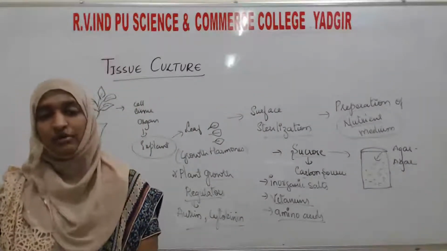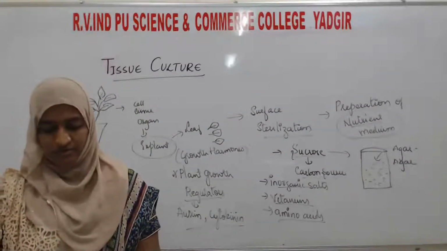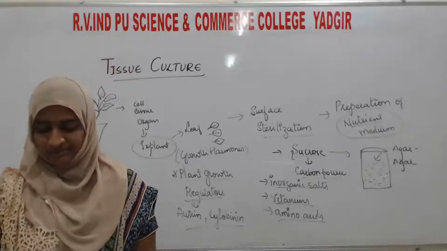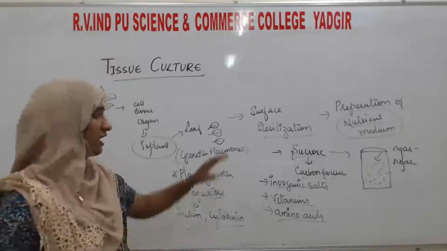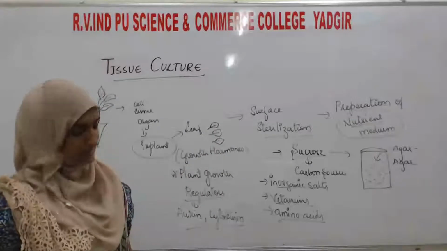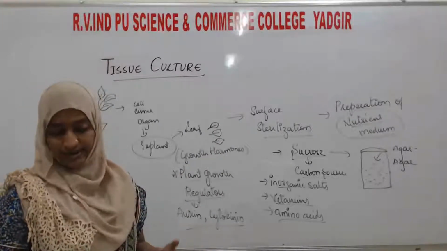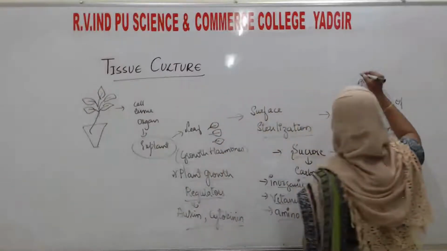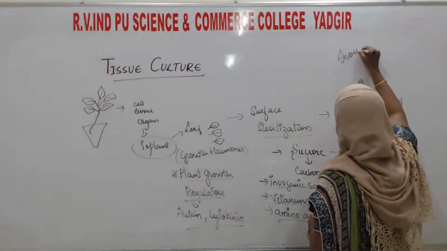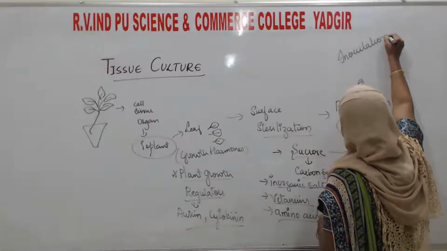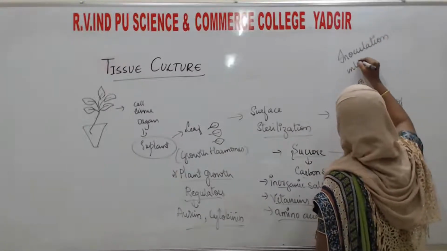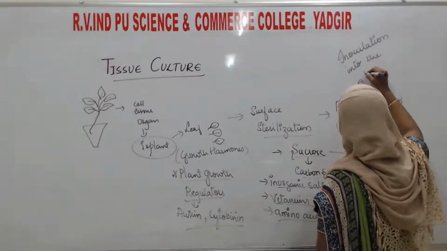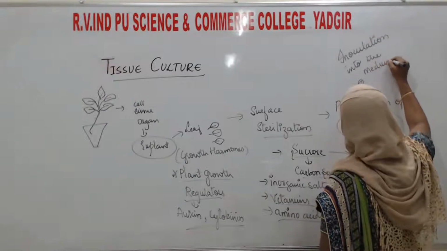Okay, so this is about the preparation of nutrient media. Next we will see. After that, they will inoculate into the particular medium. After preparation of media, inoculation into the medium.